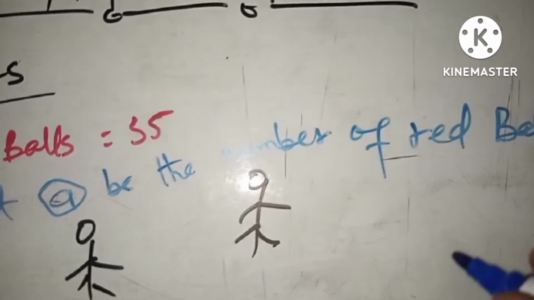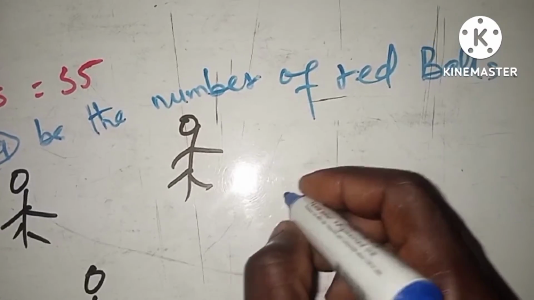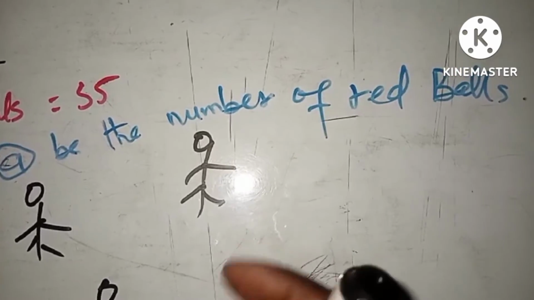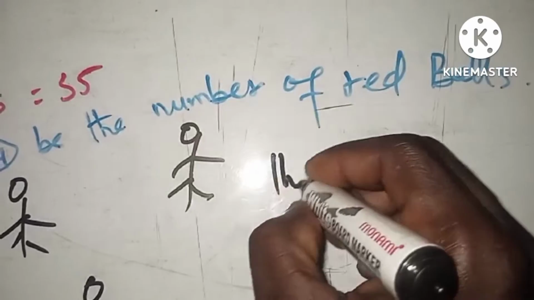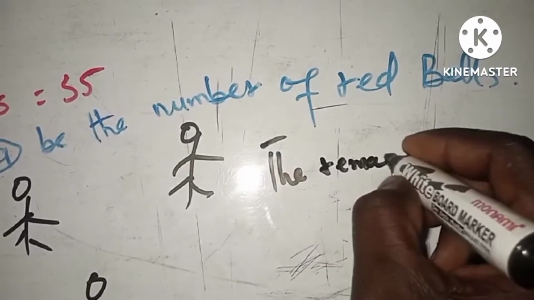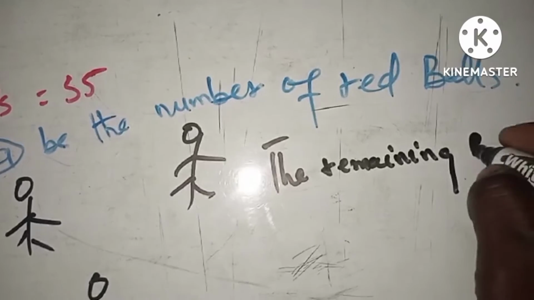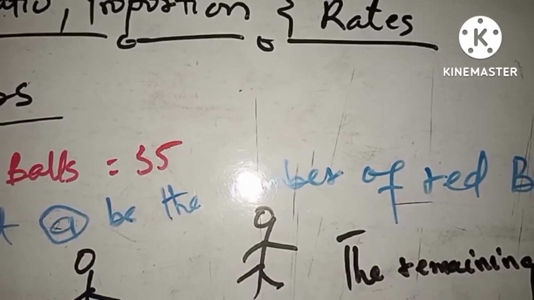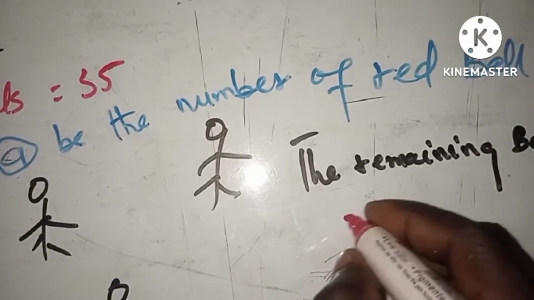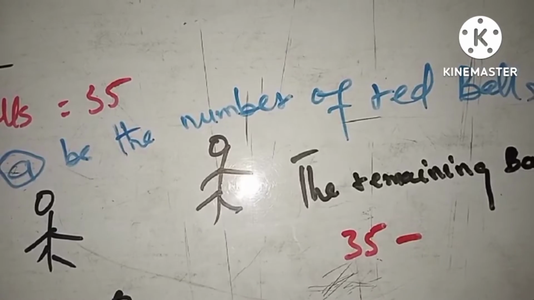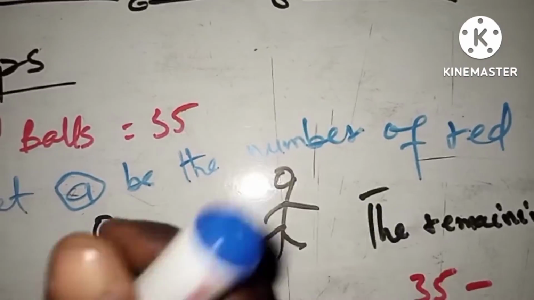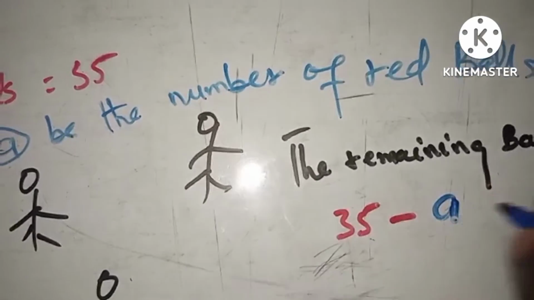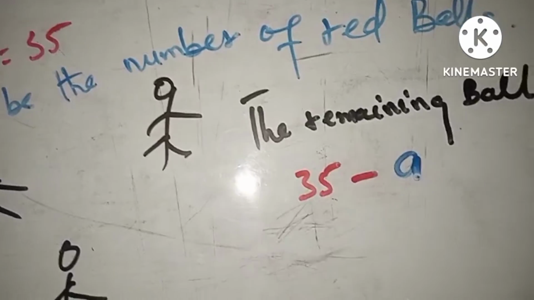The remaining balls is equal to the total number, 35, minus A. This is what they take, since they are taking all the red balls. So 35 minus A will be the remaining.